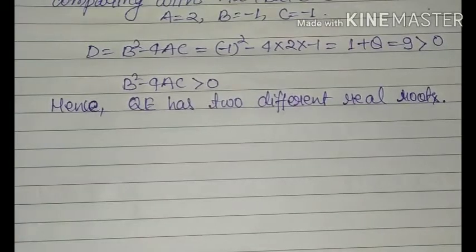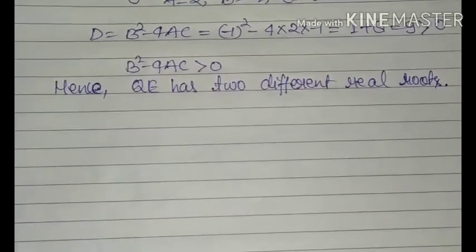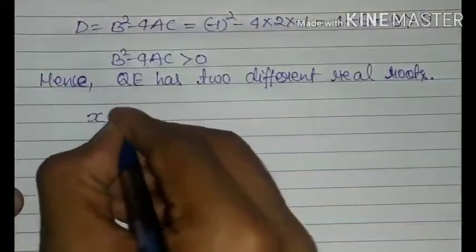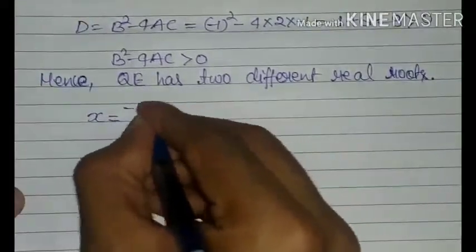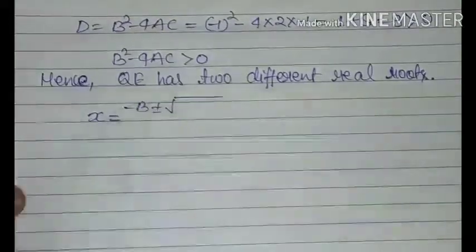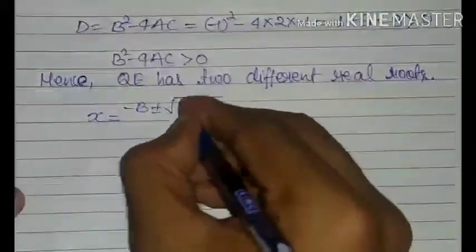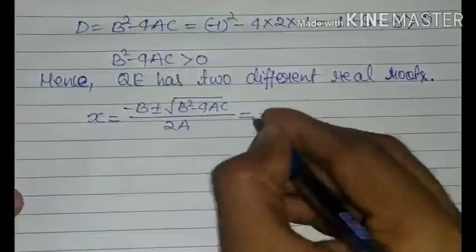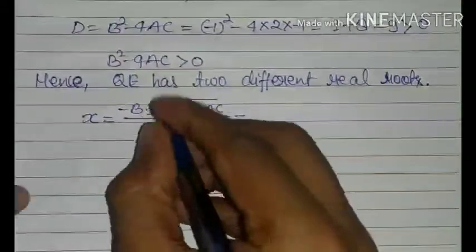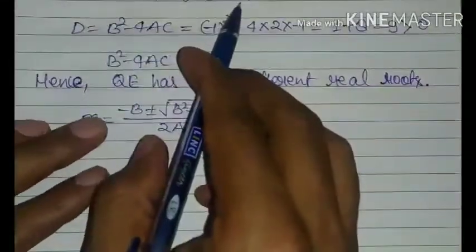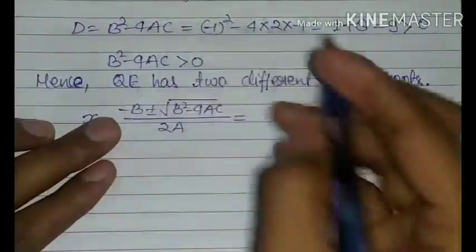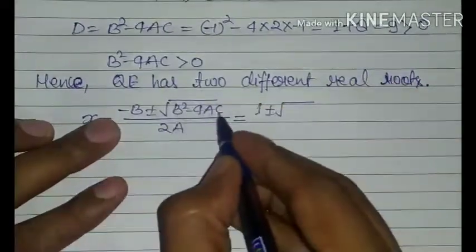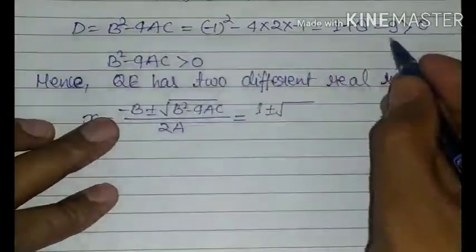find those roots. That's why I am going to write here, by the Sridharacharya rule, x = (−b ± √(b² − 4ac)) / 2a. This equals, the value of b is −1, and negative of negative will be positive, so it will be 1 ± √(b² − 4ac), which is already calculated as 9.